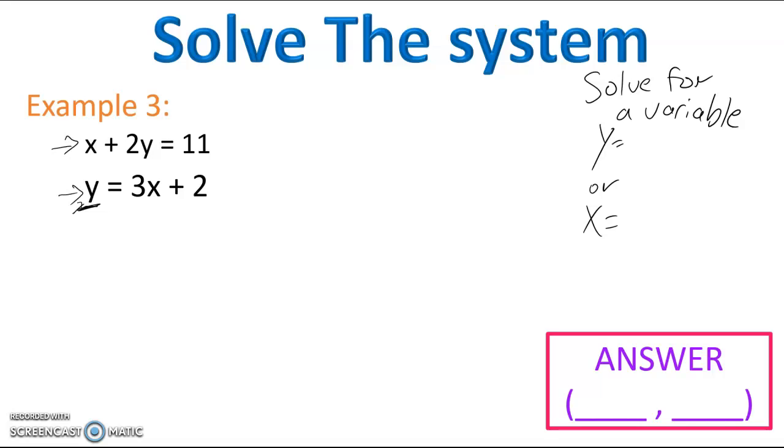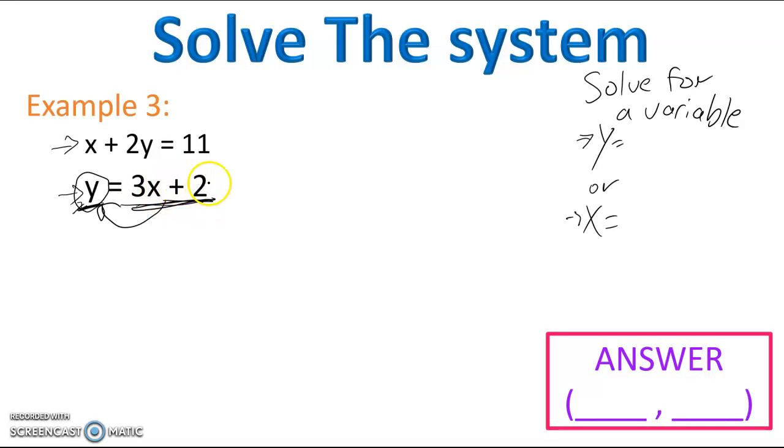Now, once we finally get a y is equal to, or an x is equal to, like what we get over here, then we will take this equation right here, because this equation is basically y, and we're going to substitute, hence the name solve by substitution.